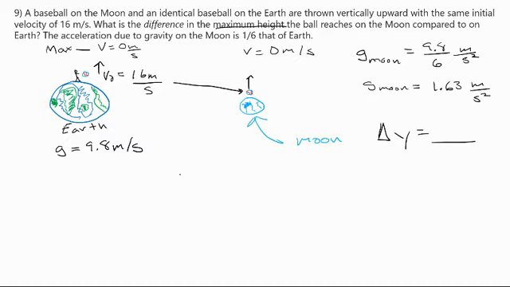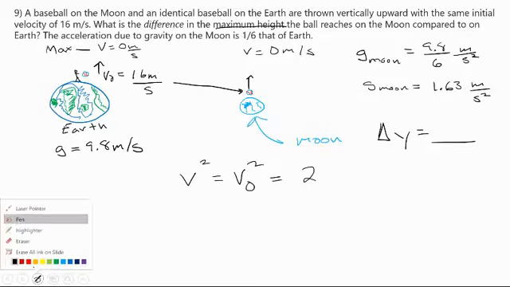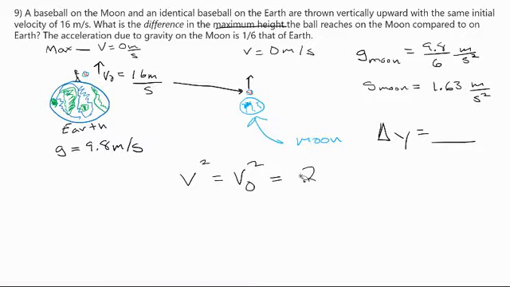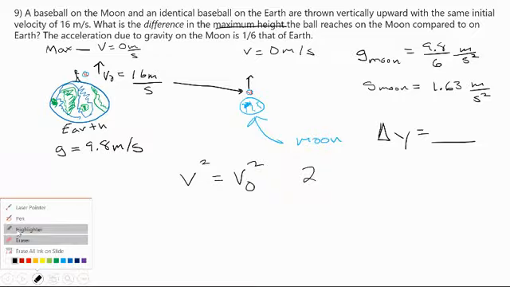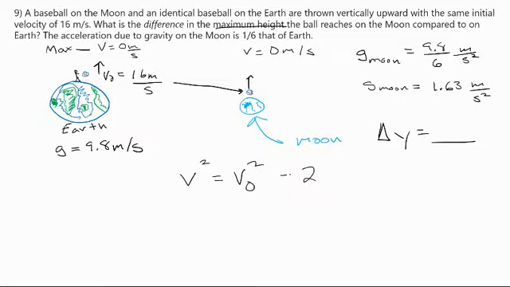Do you guys see this one? V squared equals V naught squared, whoops, not equals, minus 2 G delta y.